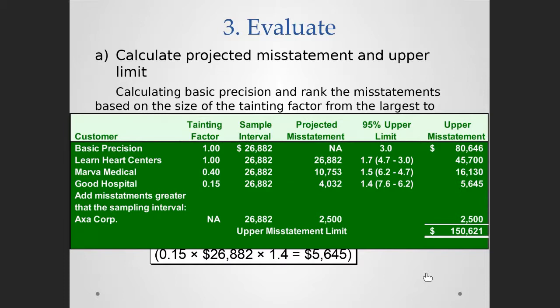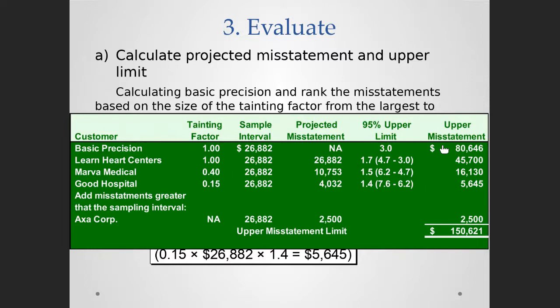And the way we do that is as follows. First, we will put the 80,646, which is the upper misstatement if we never found any errors. That is our first number. So we will keep that number on top. For the calculation, we need to keep that number. Why? We don't need to get into that logic because it will take us in a totally different place. We just need to know that we need to put this number.